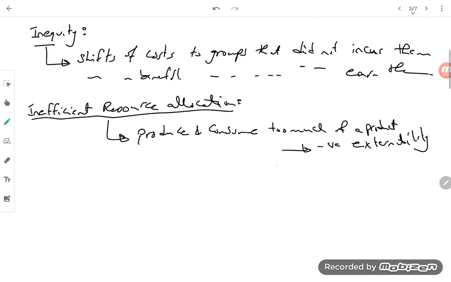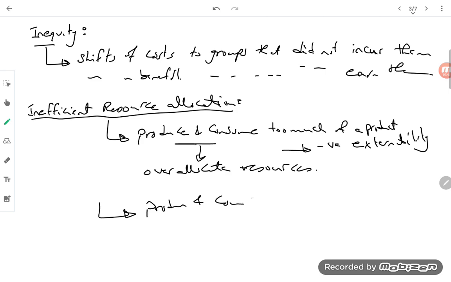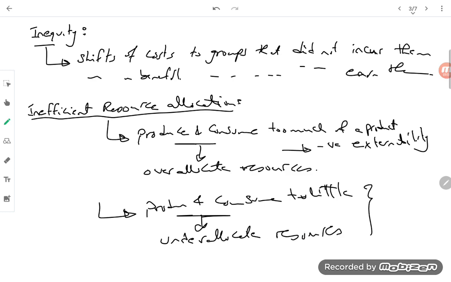This means that there is over allocation of resources. Or the opposite in case of positive externality, that we produce and consume too little of a product, and this is under allocating resources. This is the case of positive externality.